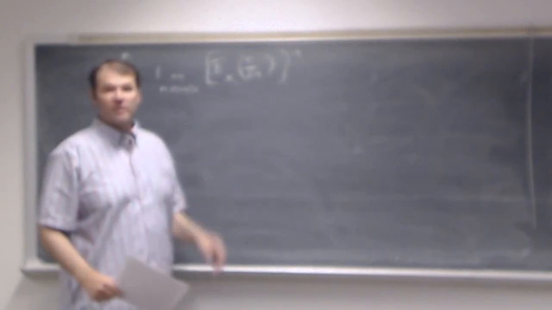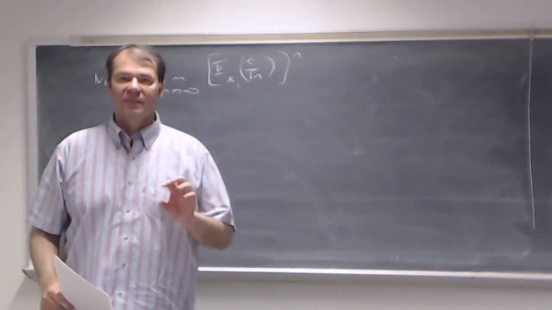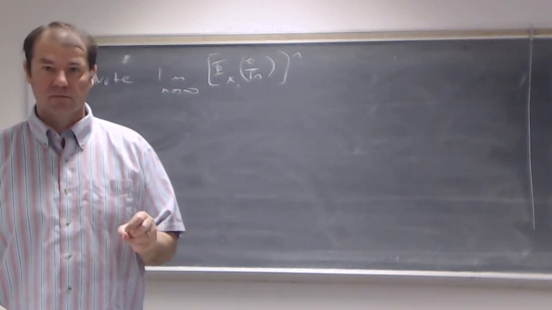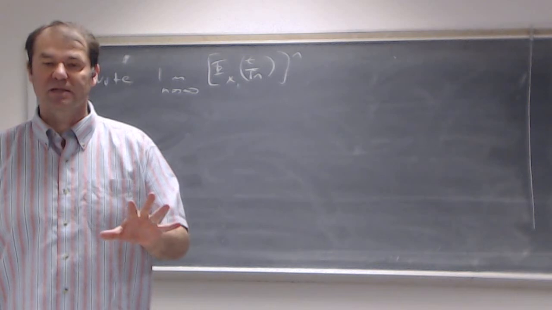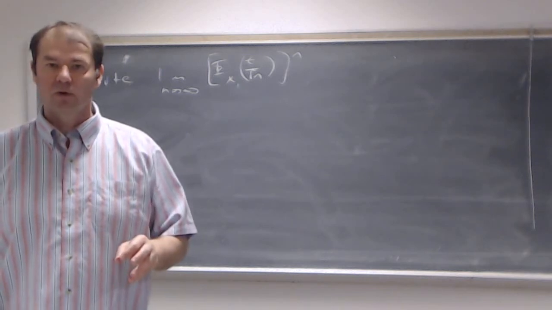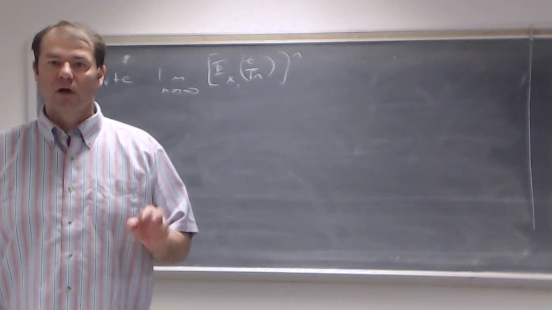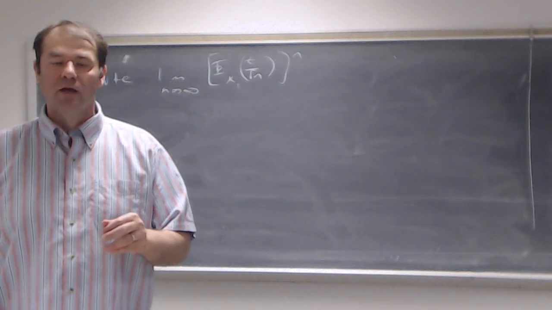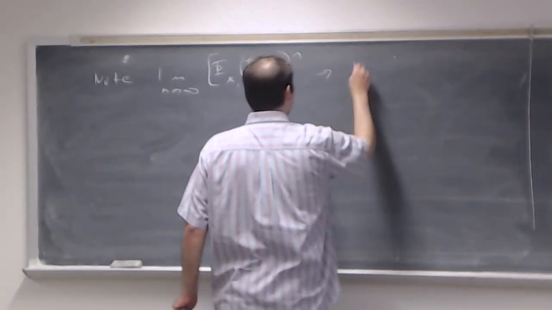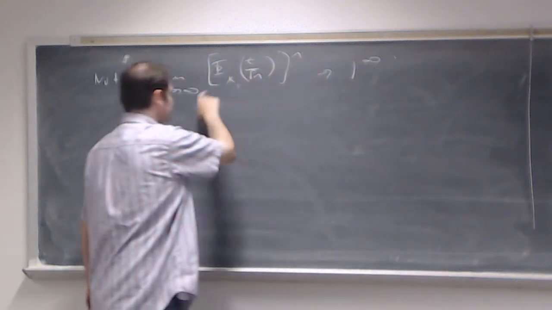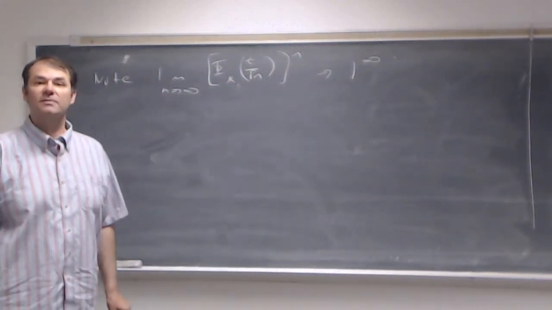So this is the moment generating function evaluated at 0, that's the 0th derivative. Evaluated at 0, that's the expected value of x to the 0. Well, the expected value of x to the 0 is 1. So the expected value of 1 is 1. So this tends to 1 raised to the infinity. Okay? That's an indeterminate limit form.